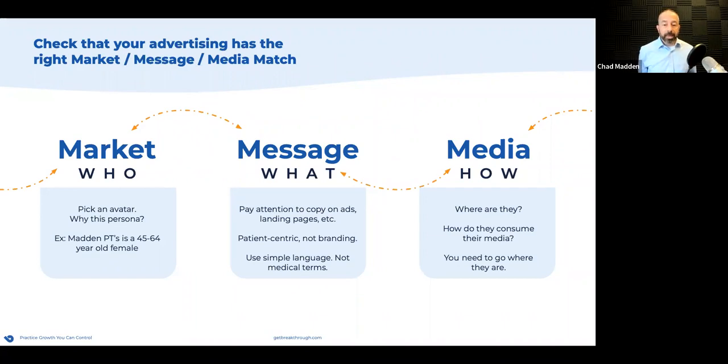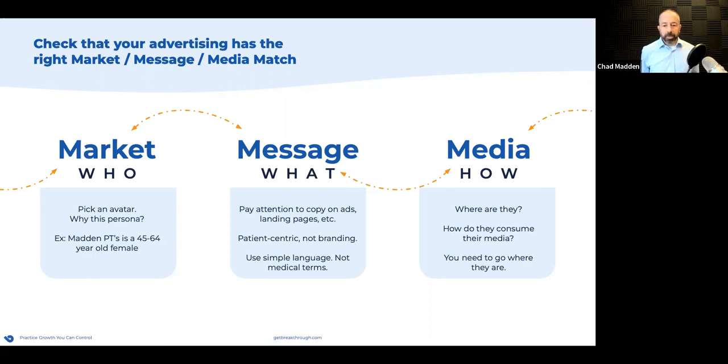The next thing that we have to do that's in alignment is, and I'm going to jump over to media. We should be advertising on media that the target market consumes. So does the target market, in our case, consume Google and YouTube? Absolutely. And Robin has some really good statistics for you around that here in a little bit. And then finally, we want to match it up with the messaging.